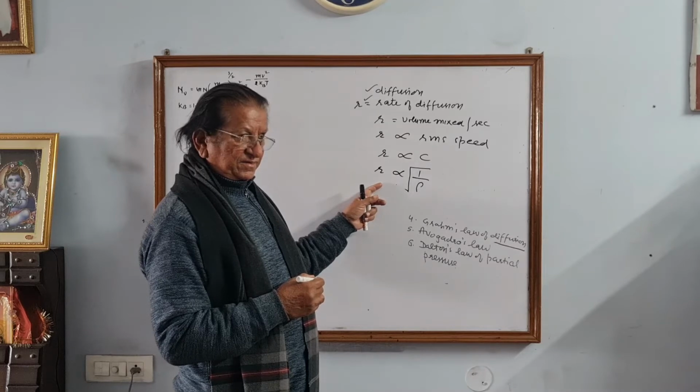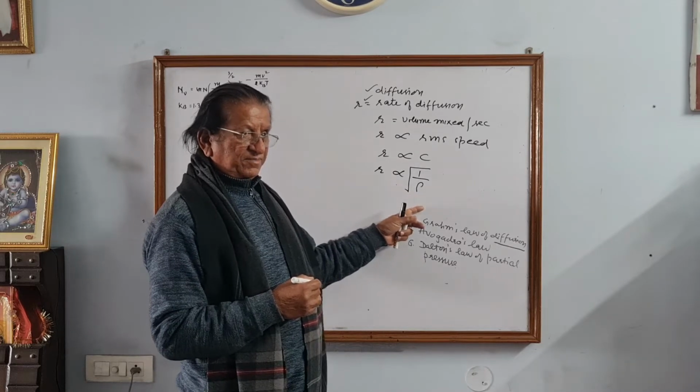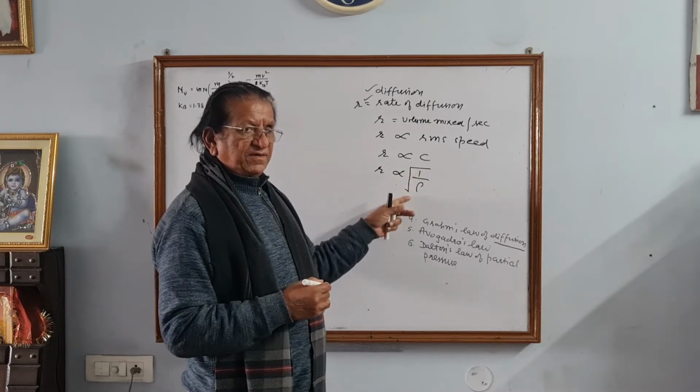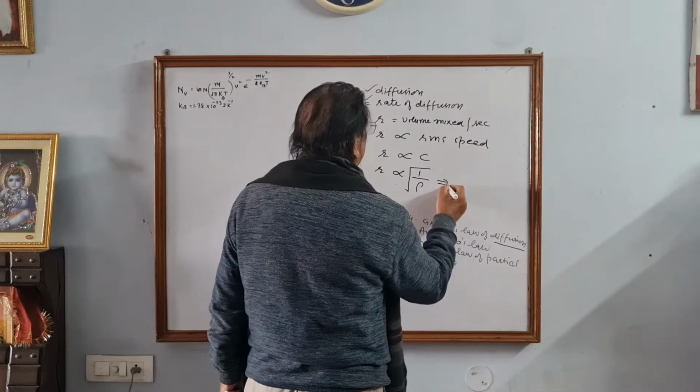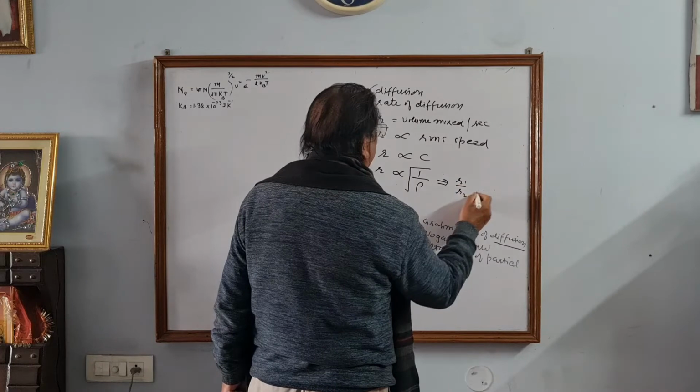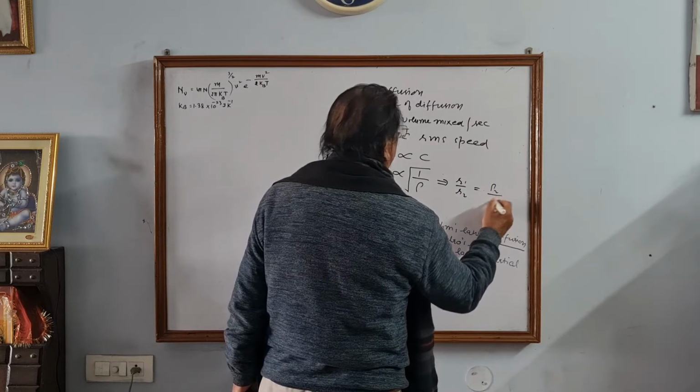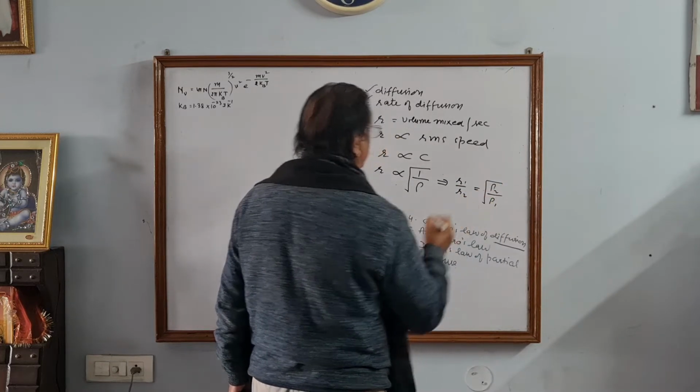Rate of diffusion is inversely proportional to square root of density, which means R1 by R2 will be under root rho 2 by rho 1.